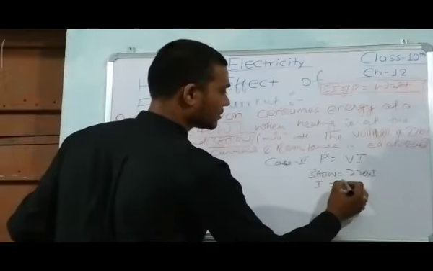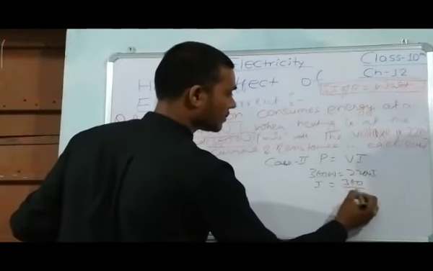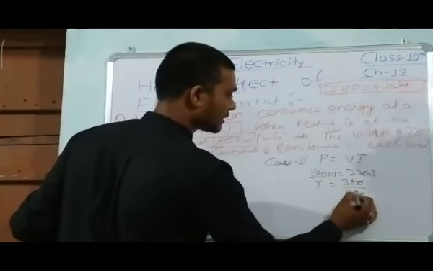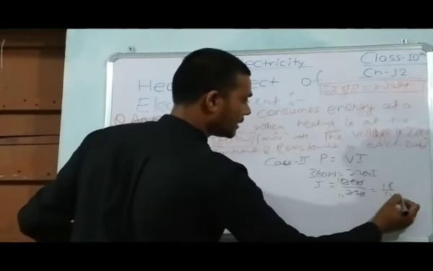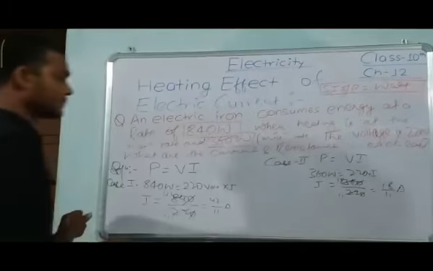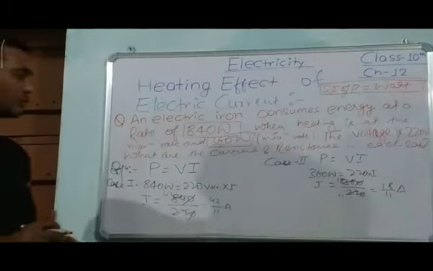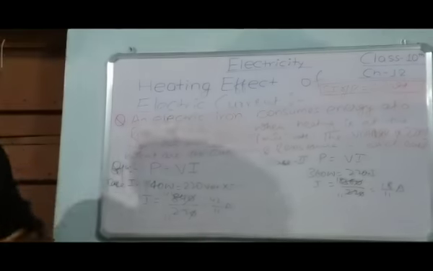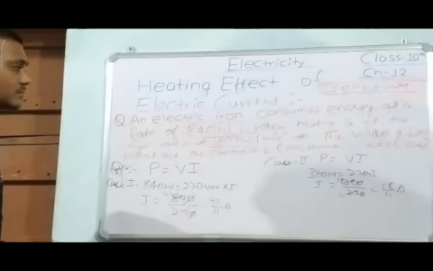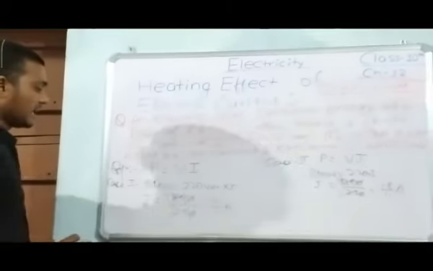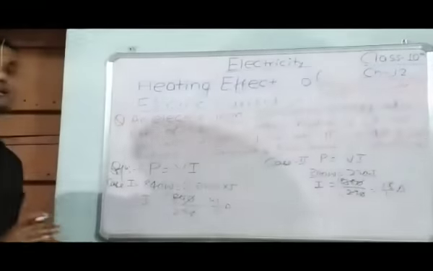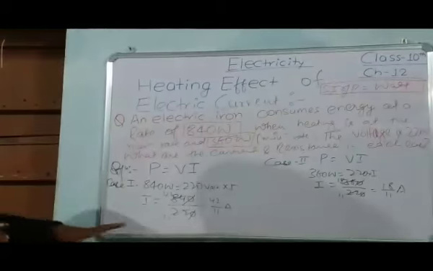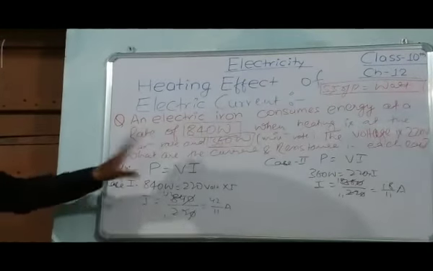Current is equal to 360 upon 220, which is 18 upon 11 ampere. You can also convert this fraction into decimal form to get a clearer answer. So we get the answer of current, how much current flows in each case.